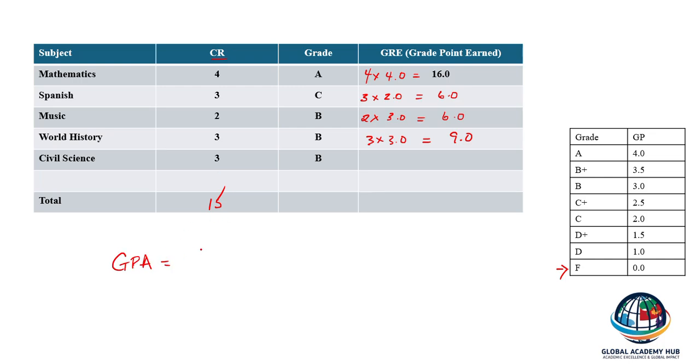It's going to be the total grade point earned divided by the total credit hours attempted. So we didn't finish this part, but we know the total credit hours attempted here was 15. So it will be something divided by 15. So let's go ahead and finish this.